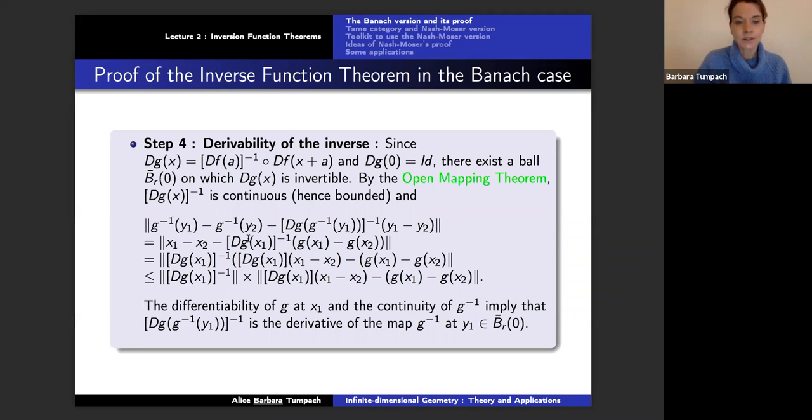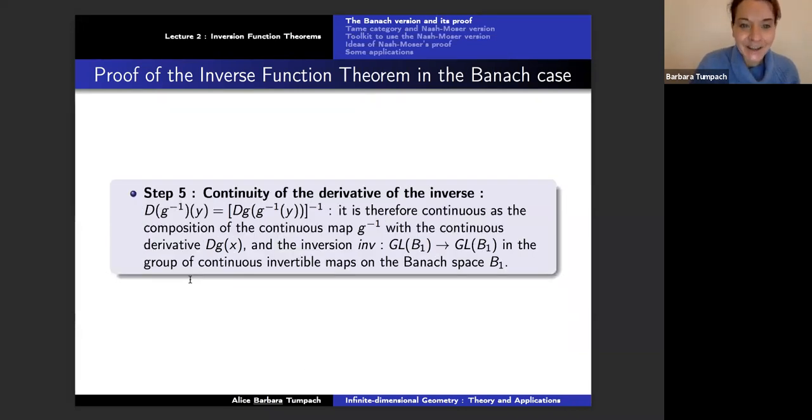So we use it to make some estimates. Okay, this is a bit too long. I'm looking at the time, so I should skip this. And then you have to check that the derivative is continuous. So I'll skip this also. Okay.